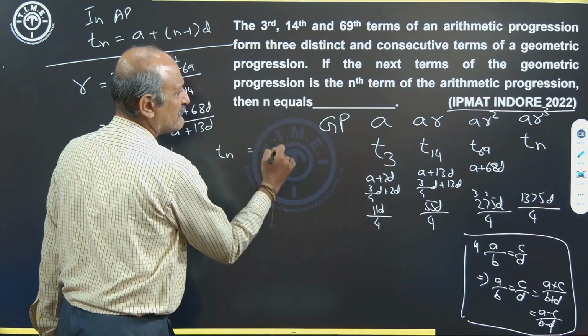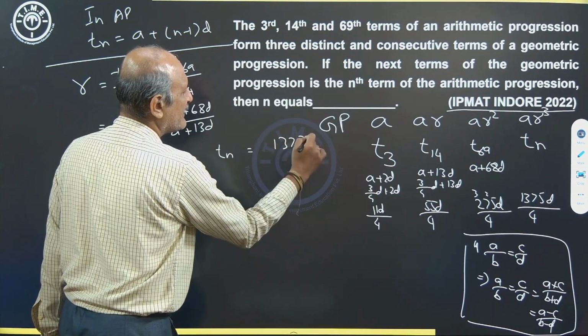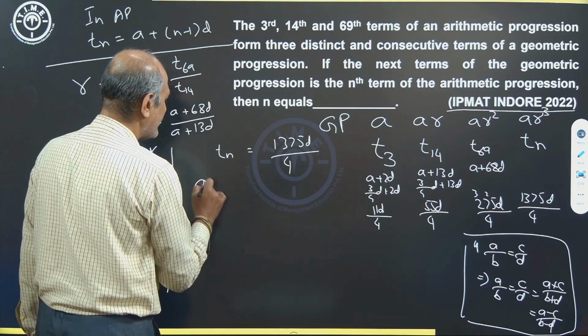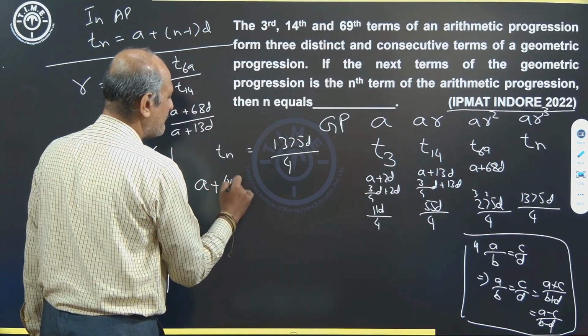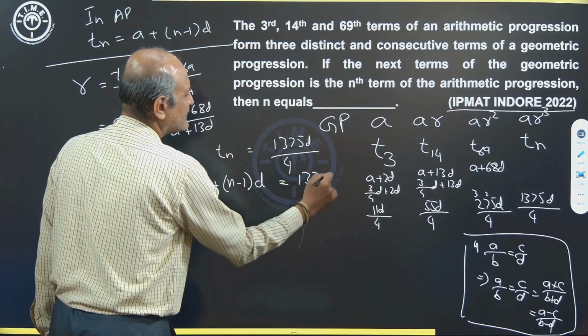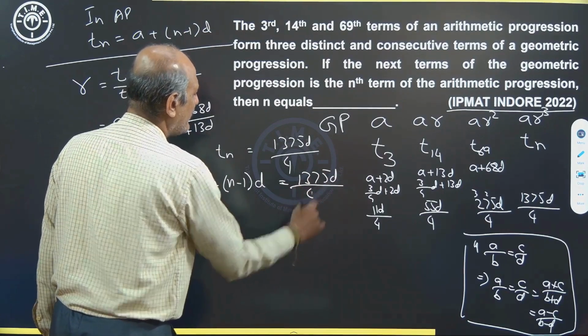So that should equal 1375 into D divided by 4. The nth term of the AP is a plus (n minus 1) into d. This is equal to 1375 into D whole divided by 4.